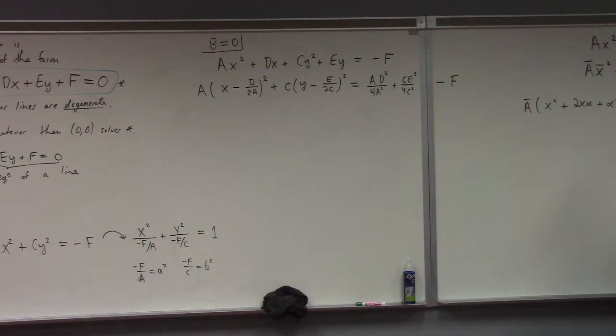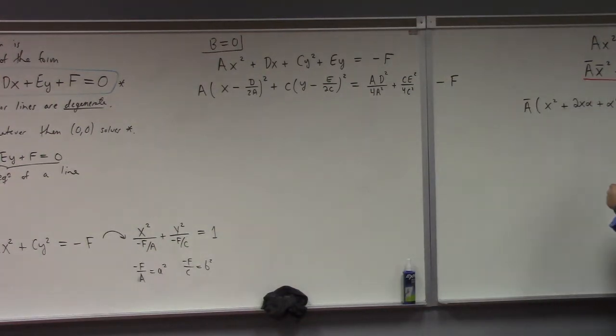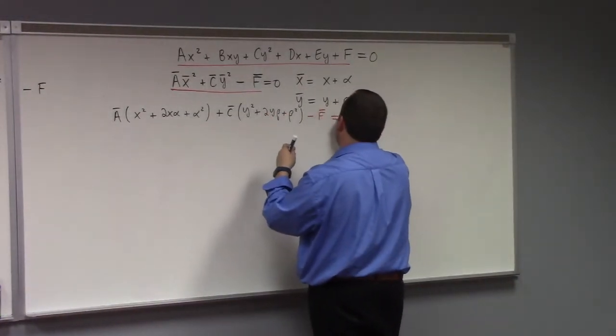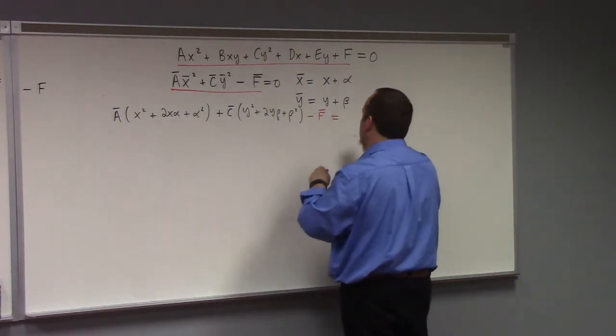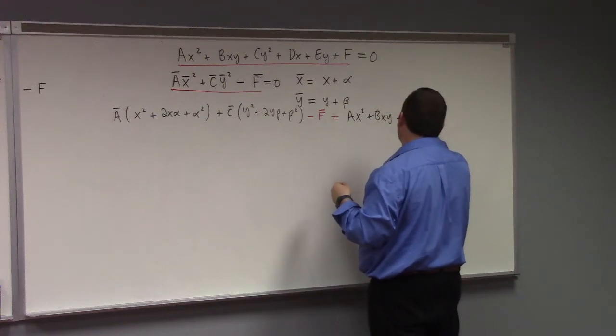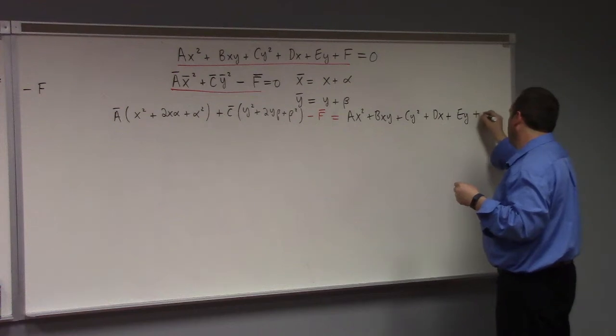Let me rewrite it this way: minus f bar equals 0, because I also want this to literally be that. So I have another relation. I have that this is equal to ax squared plus bxy plus cy squared plus dx plus ey plus f.